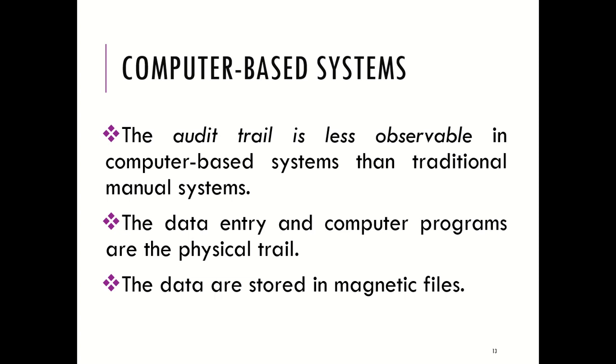That is our audit trail, our computer programs, because the computer program does the recording and even the processing already up to the financial statements. Once you encode the data, it is already a financial statement. And the data are stored in magnetic files. The term magnetic file sounds very old, but in entities today they use external drives or other online backups.